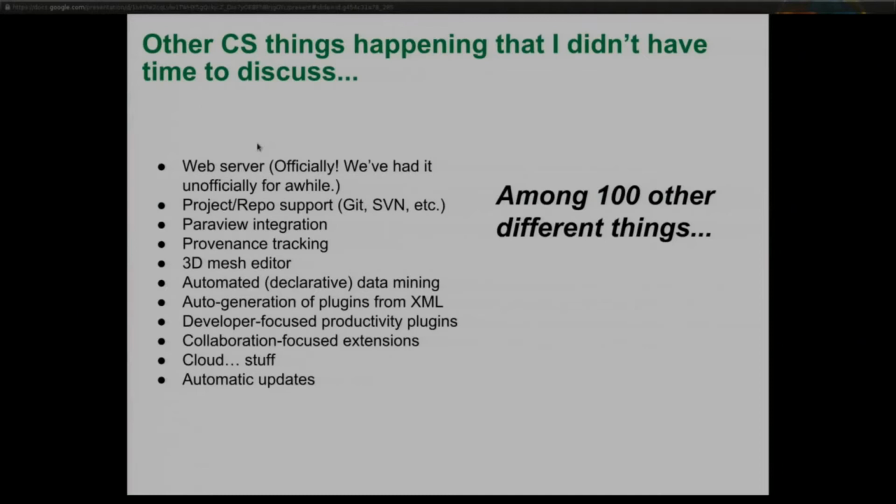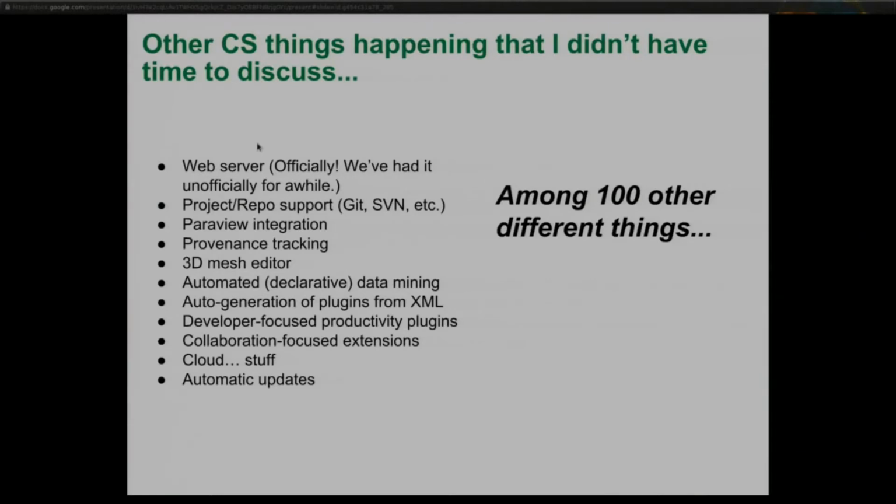Developer-focused productivity plugins. We've talked about adding all sorts of developer-focused stuff because we're using Eclipse, and it's all about developers. We have a lot of work on that, but what's really cool is that a lot of stuff already exists, and we can customize it both for Oak Ridge and for Oak Ridge's partners in some of these programs that we have. And cloud stuff.